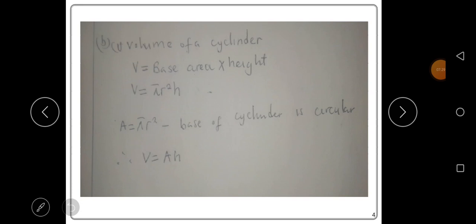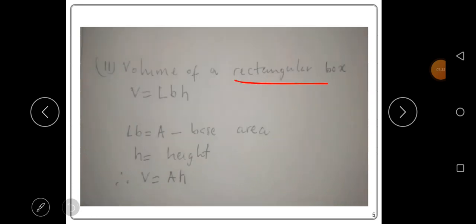So let's also look at the volume of a rectangular box. So volume of a rectangular box is given by V is equal to LBH. L representing the length, B representing the breadth or width, then H representing the height. So we can tell that this rectangular box, the base is in rectangular form. So the base area is given by LB.